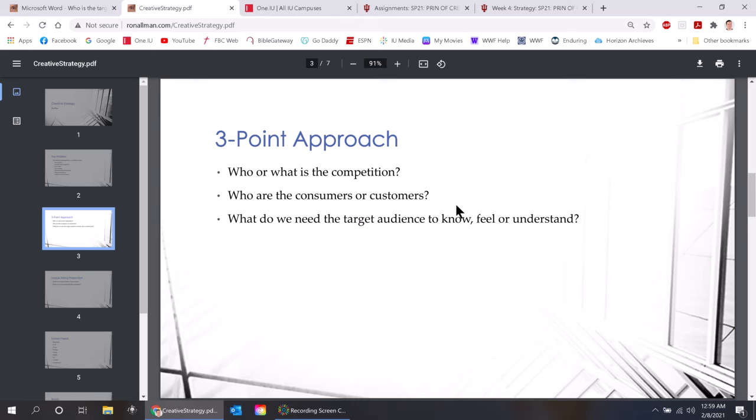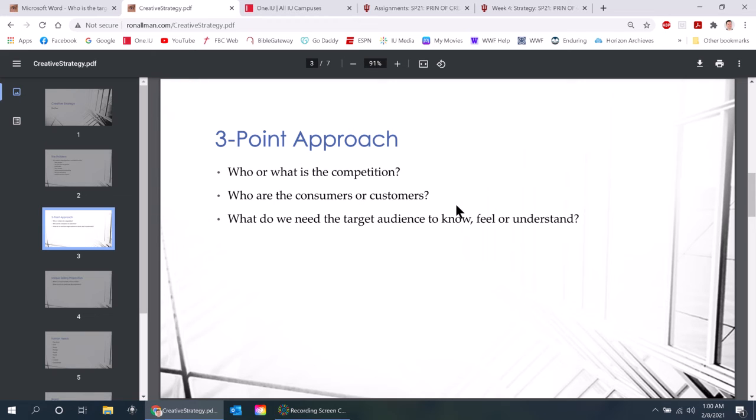Then, much like with target audience, who are the customers or consumers for your client? And if you have a well-defined target audience, that question is easy to answer. And what do we feel the target audience needs to know, feel, or understand?